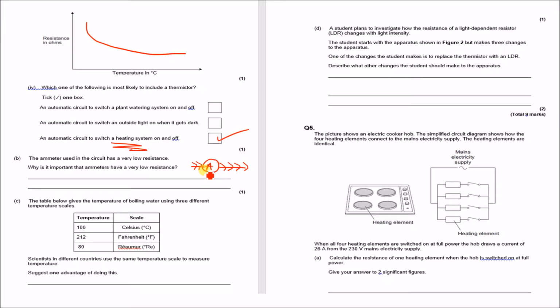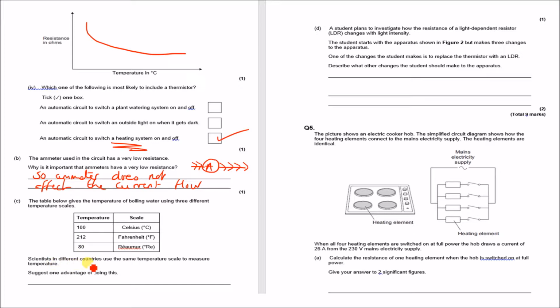So you need a low resistance so the electrons traveling through the ammeter are not affected, and therefore there's no heating effect as it moves through the ammeter. So the ammeter does not affect the current flow.